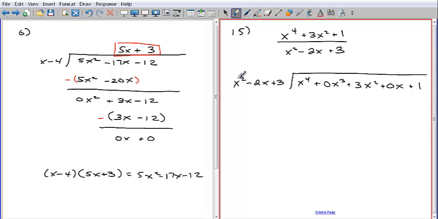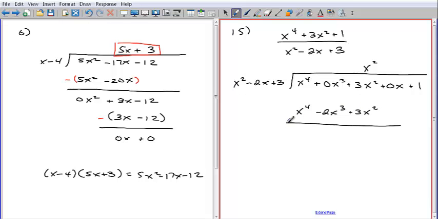Okay, what do I multiply x squared by to get x to the 4th? Well, the answer is x squared, so I put that in the x squared column. Then I multiply x squared times each term, so I'll get x to the 4th, negative 2x cubed, and 3x squared.